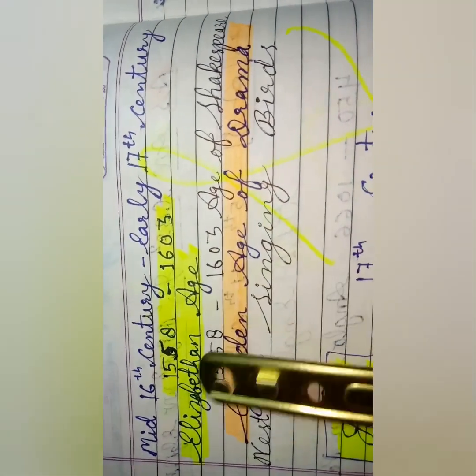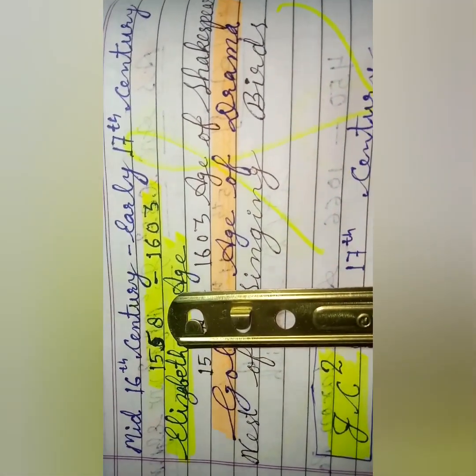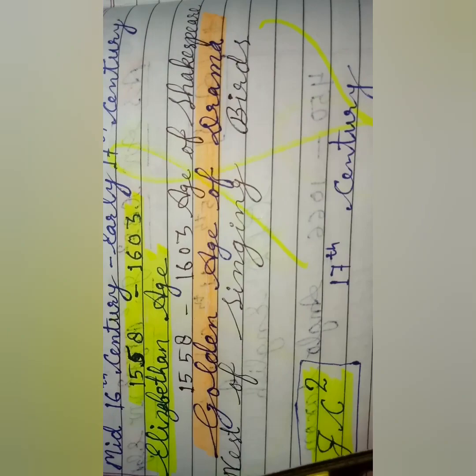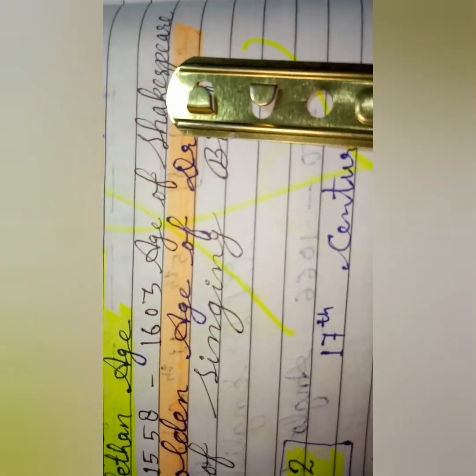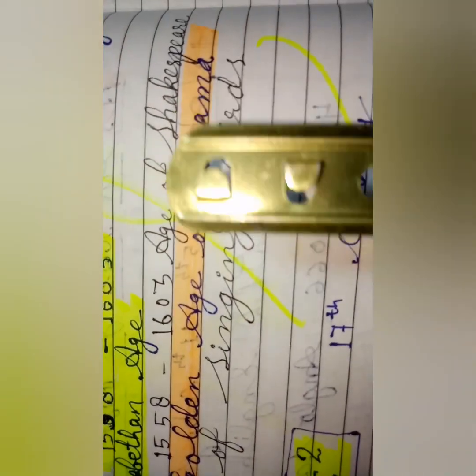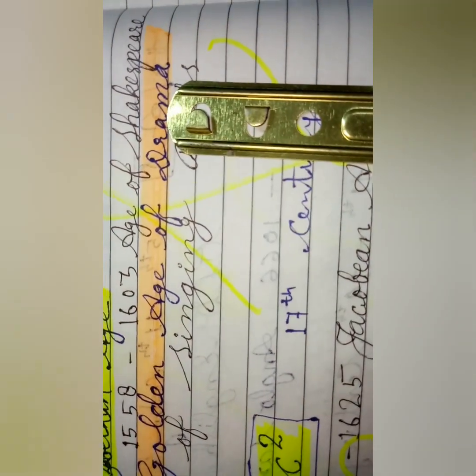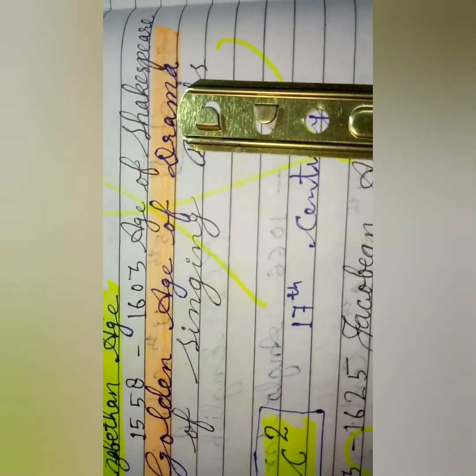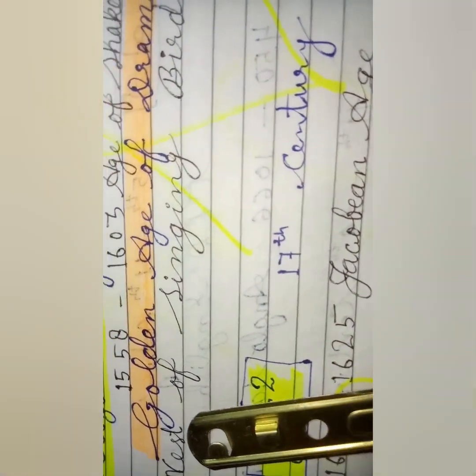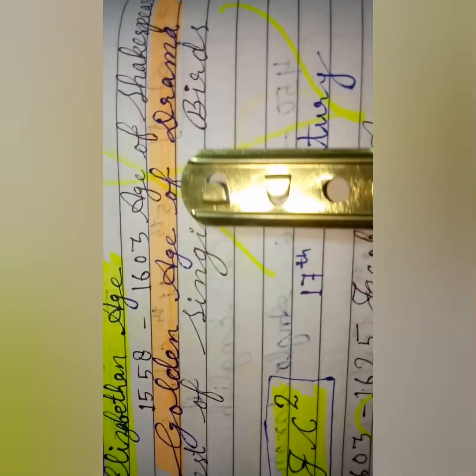The Elizabethan age, 1558 to 1603, is also known as the Age of Shakespeare. It is also known as the Golden Age of Drama, and also as the nest of singing birds.